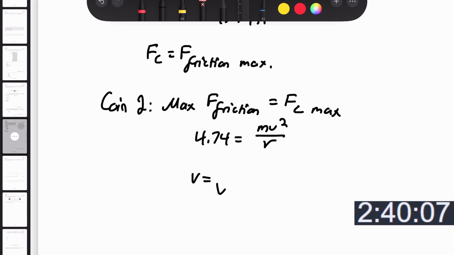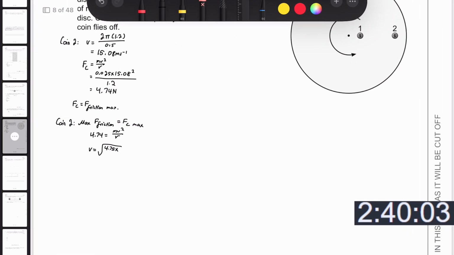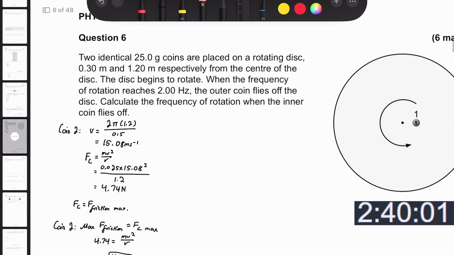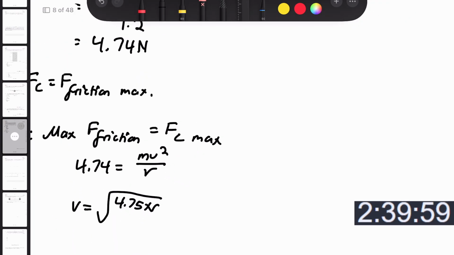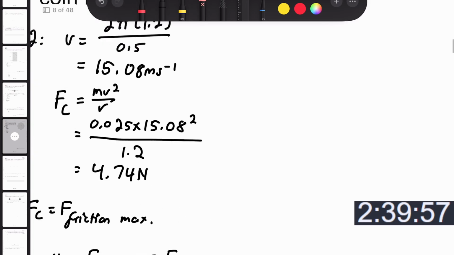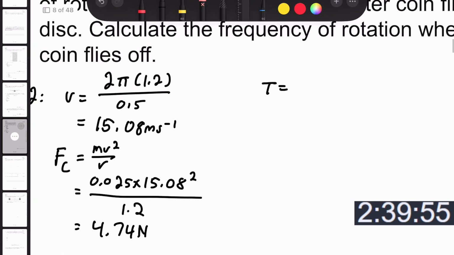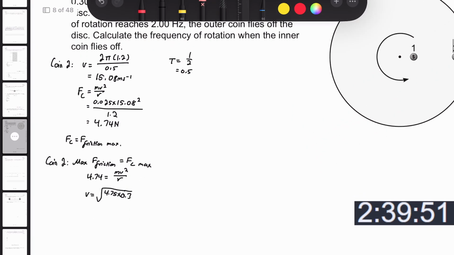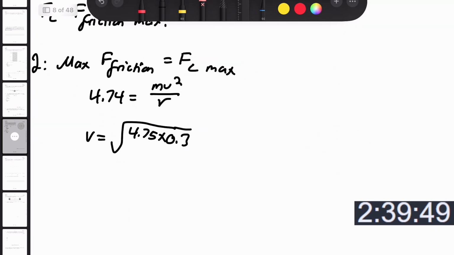So then velocity is 4.74 times, the radius is only 0.3, and then you divide this by my mass, which is 0.025.